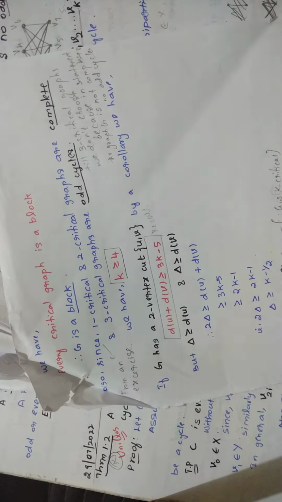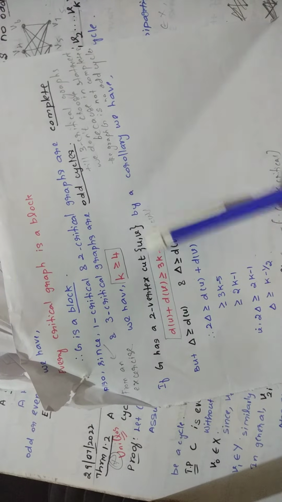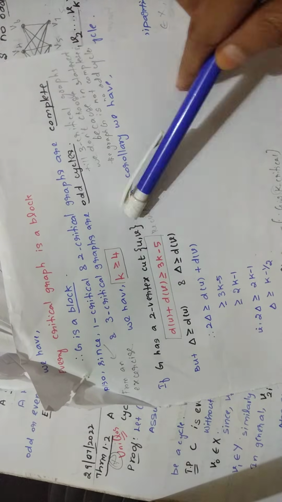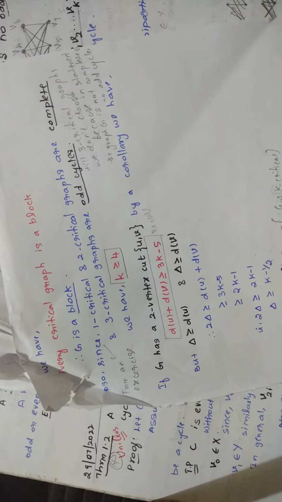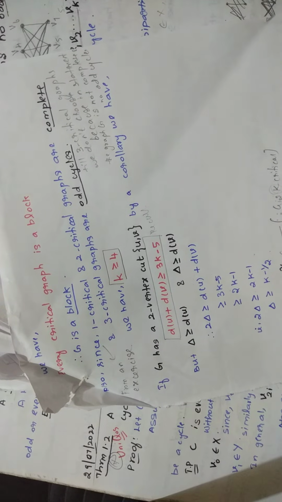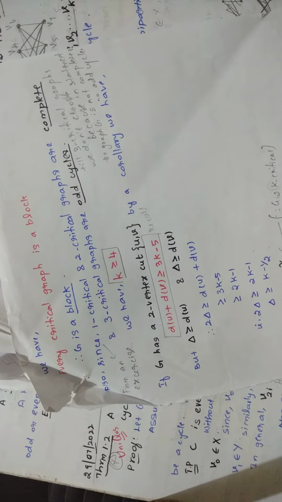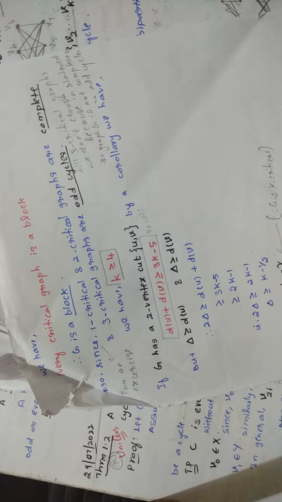if our G has a 2 vertex cut UV, it means our graph is having a 2 vertex cut. Vertex cut means what? In a graph, you will have 2 vertices, U and V. When you remove the vertex U from that graph, the graph will be disconnected. It is not necessary to remove these 2 vertices at the same time.